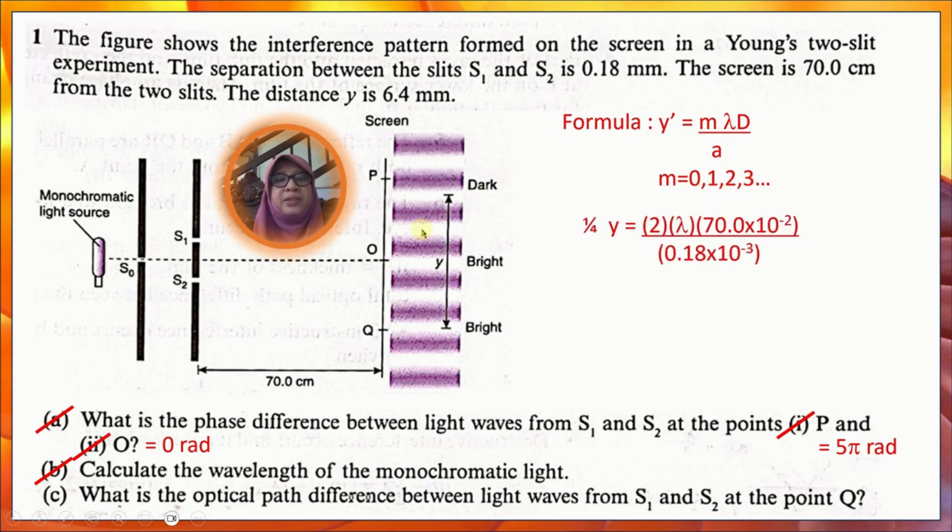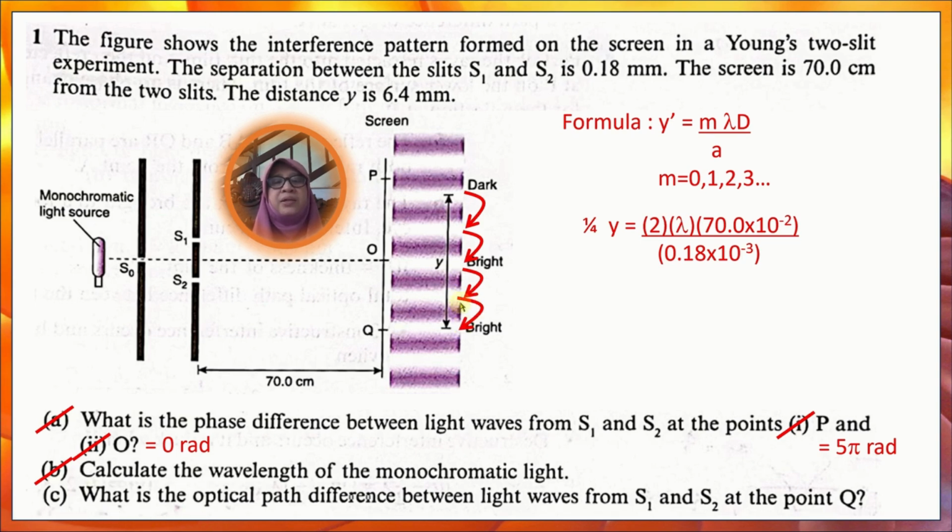Okay, so y is given from O to P. So we count how many y there are. Here y is the distance between one bright fringe and the next bright. The P is dark, so the next is bright. You can see y there, starting from the bright: bright to the next bright is 1, then the second, the third, and the fourth bright.